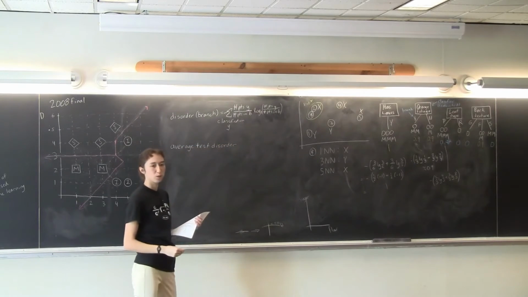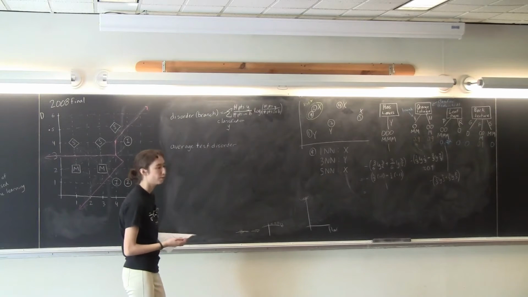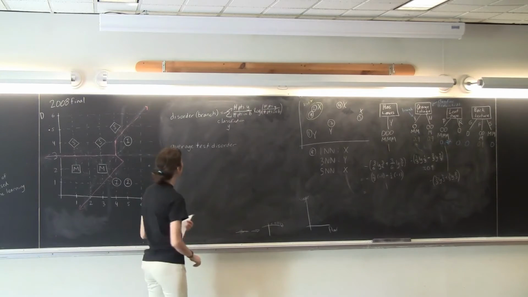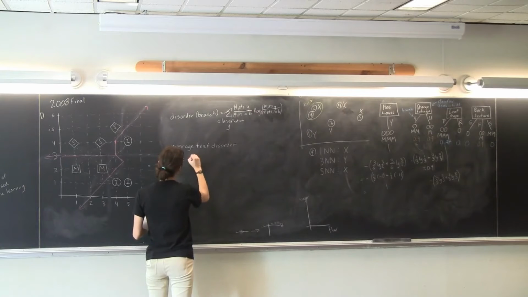So average test disorder will just be a weighted average of all of the branches. We're going to sum over all of the branches.